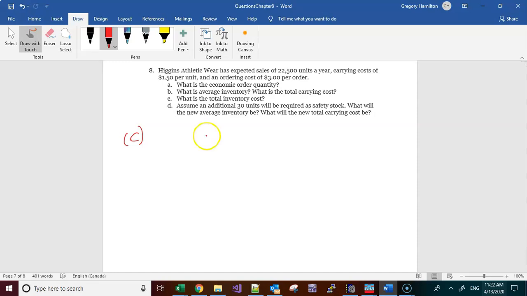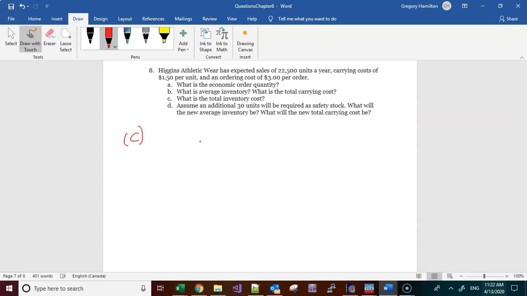Okay, so C is what is the total inventory cost. So how do we find total inventory cost?